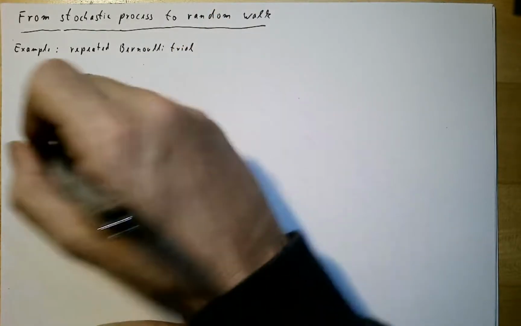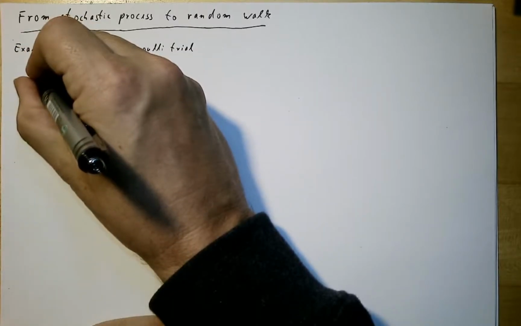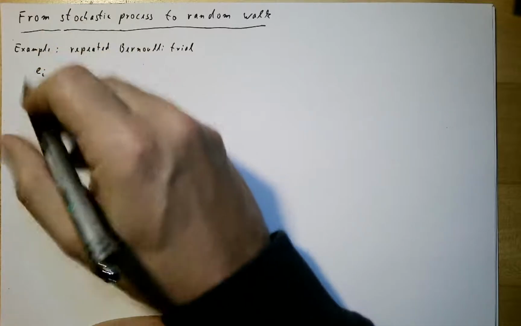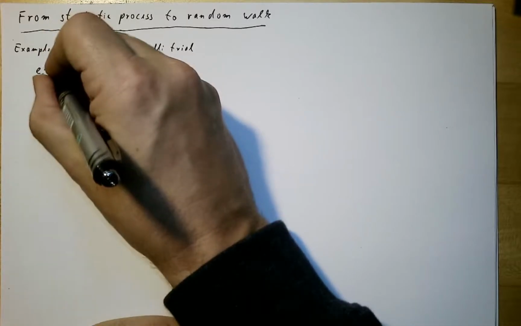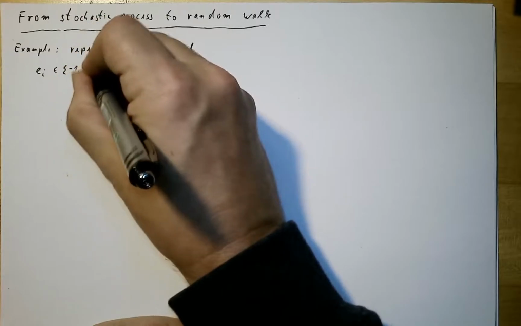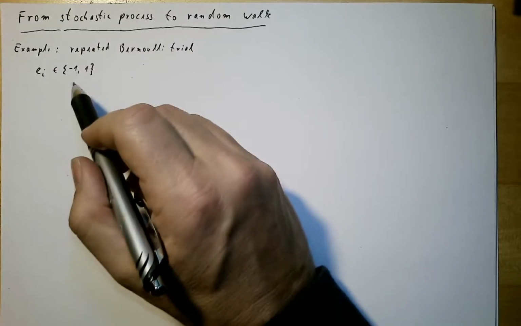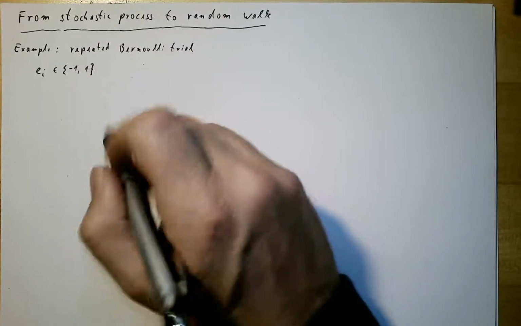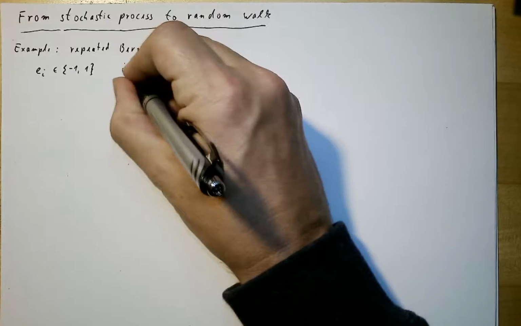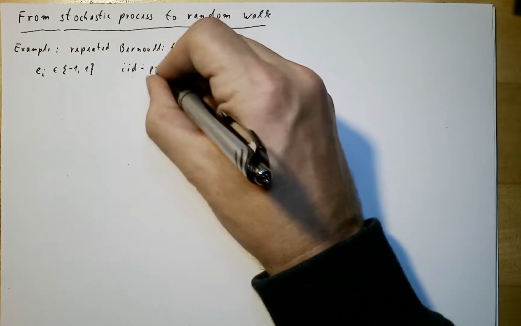So we have random numbers e_i, where i is the time index, and there will be just either, now we call them, -1 or +1. That's the two outcomes that are possible, and this should be independent, identically distributed random numbers, so an IID process.